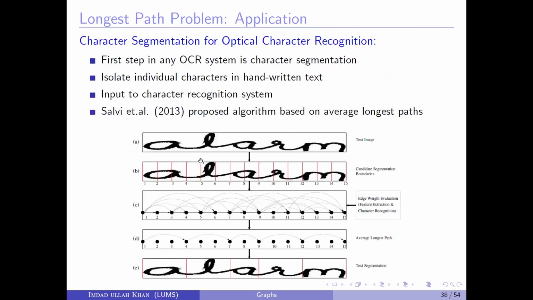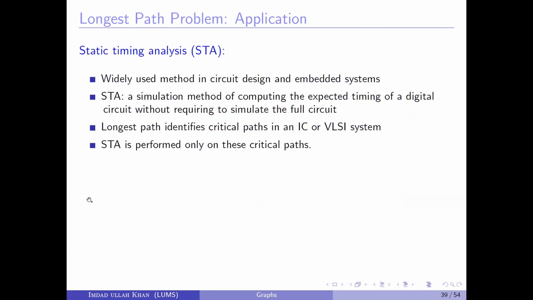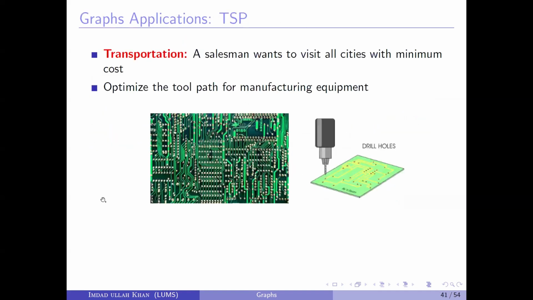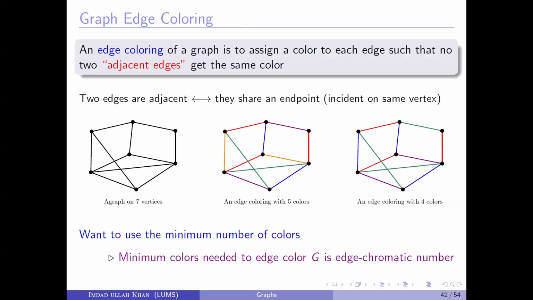One problem is finding the longest path in a graph. It helps us recognize different handwritten characters and establish their relationships. The traveling salesperson problem is an application of the Hamiltonian path.